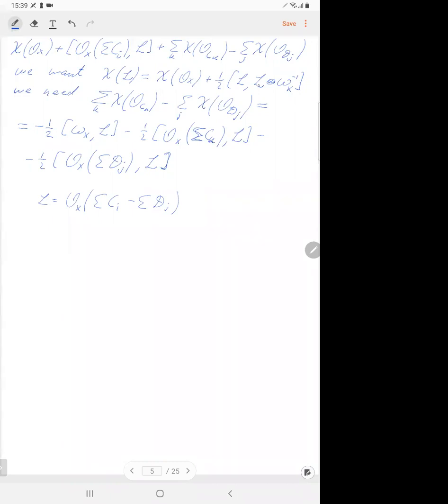Yes, and you use bilinearity. Pairing with L is the sum over i of the pairing with O of Ci's minus sum over j of the pairing with O of Dj's. Just by bilinearity. Yeah? Thank you. Okay, so let me erase this.